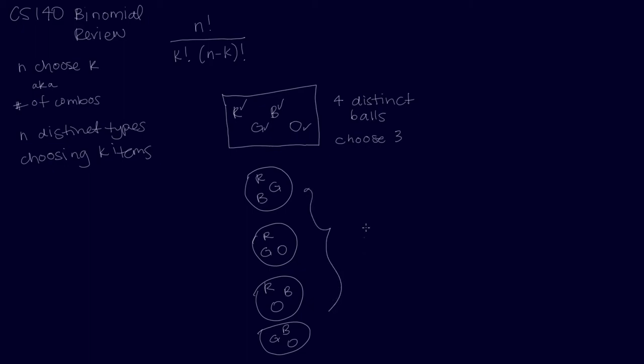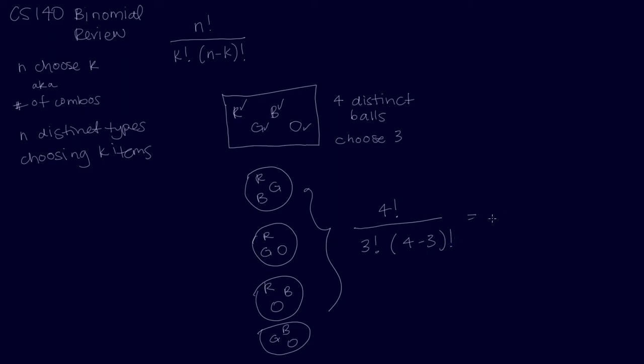So how does that match up with this formula where n equals 4, I have 4 distinct balls, and I'm choosing k items, I'm choosing 3. So k is equal to 3. And 4 minus 3 factorial.